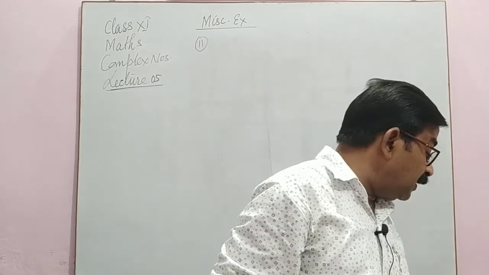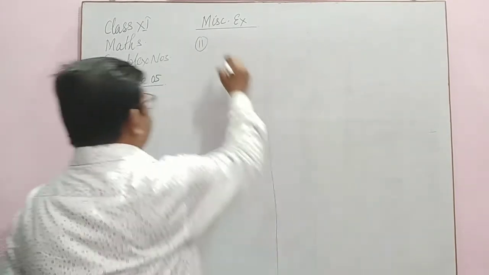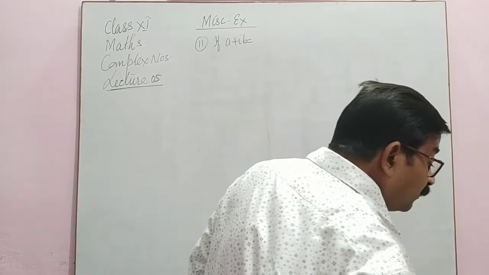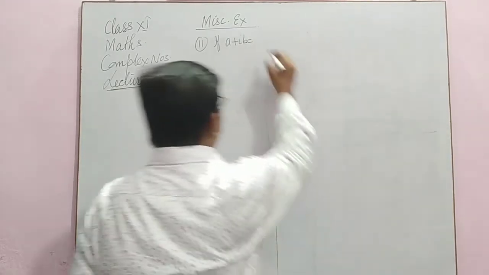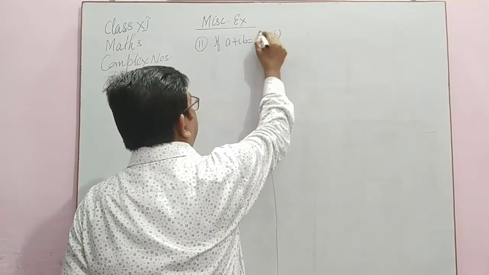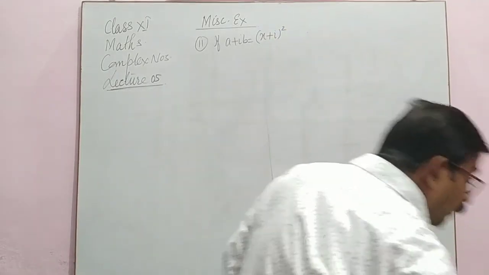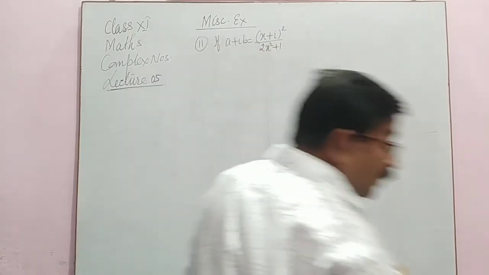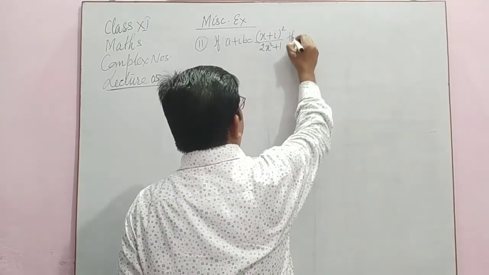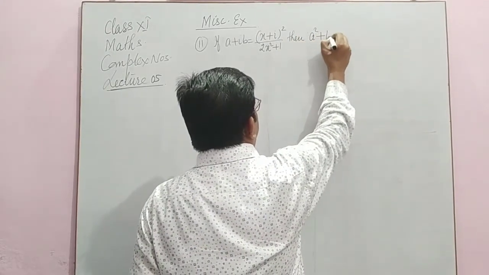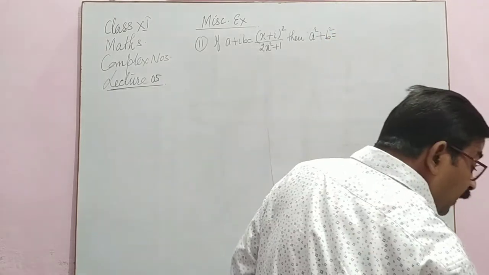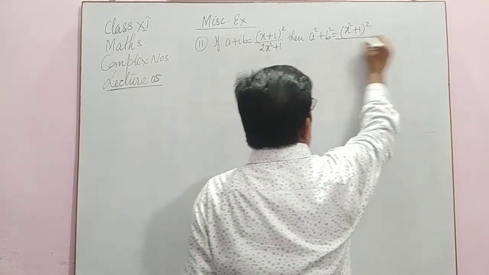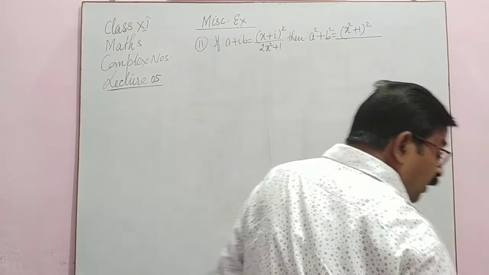If a plus ib is equal to (x plus i) whole square upon 2x square plus 1, then prove that a square plus b square is equal to (x square plus 1) whole square upon (2x square plus 1) whole square.